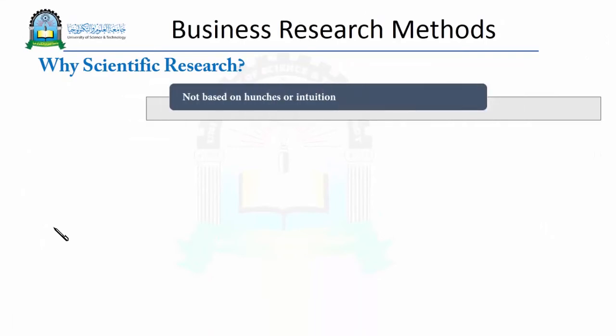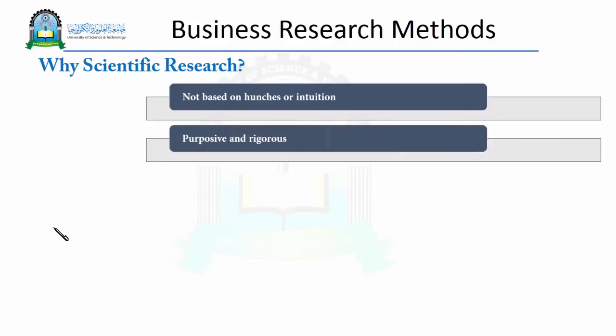Why do we call it scientific research? Of course, when we talk about business research methods, we must talk about scientific research. It's not an ordinary research which does not follow the characteristics of scientific research. We call it scientific research because it is not based on hunches and intuition.